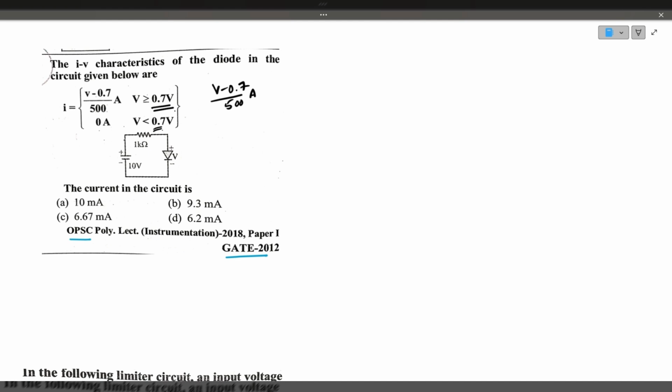So here, by applying Kirchhoff voltage law in the circuit, by KVL, we get the equation V is equal to 10 minus 1 kilo ohm is a resistor, so 1000 I. Whereas I is given in the equation, if V is greater than 0.7.